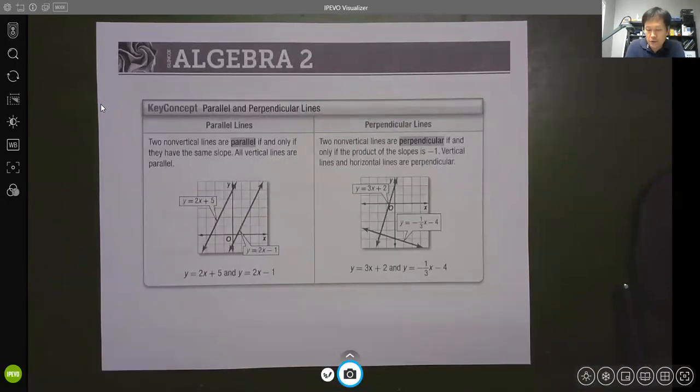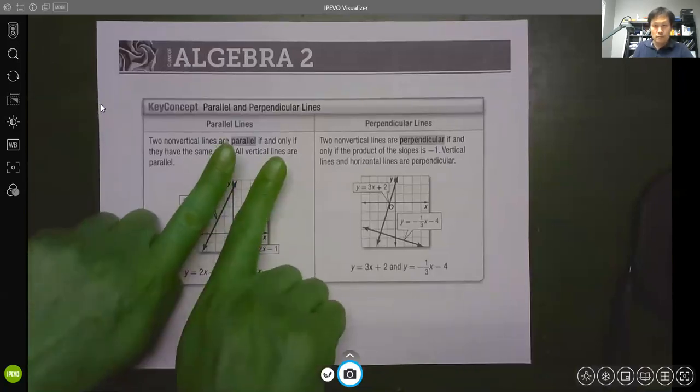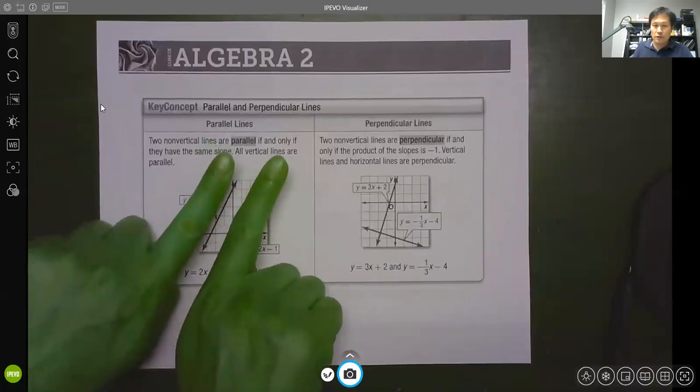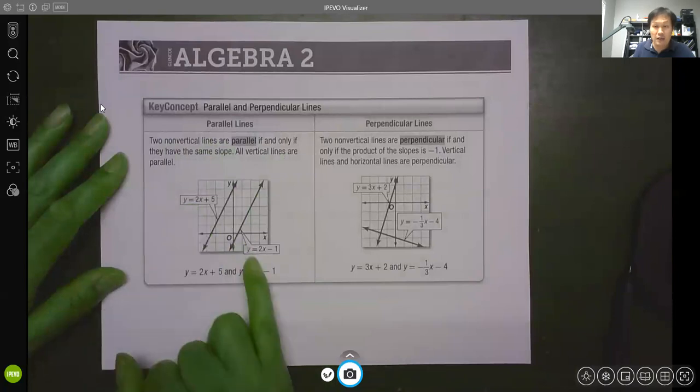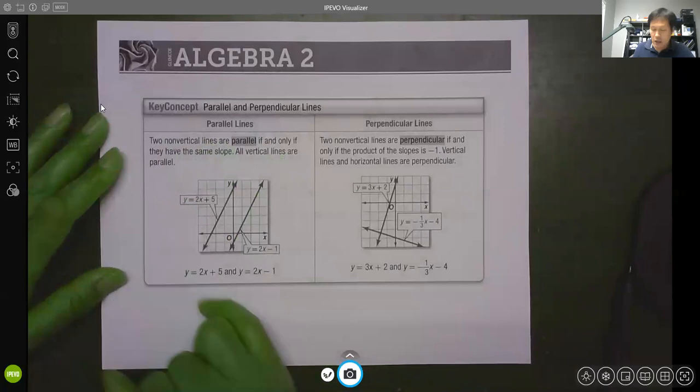Parallel and perpendicular lines. Parallel lines are like a railroad. They don't intersect ever. That means parallel lines have the same slope. Slope is 2, slope is 2.